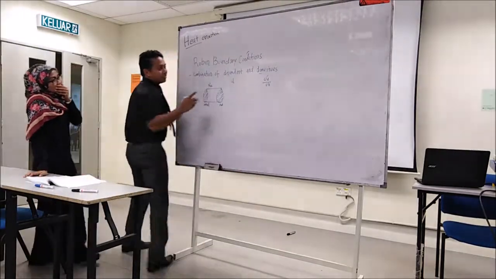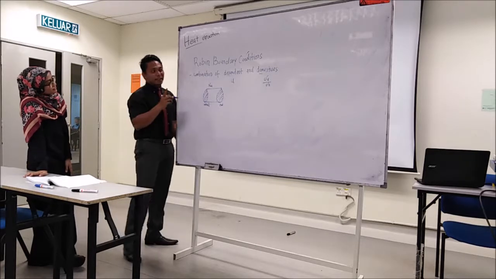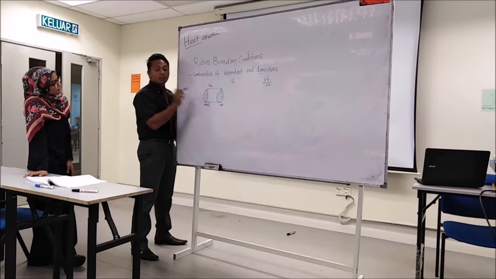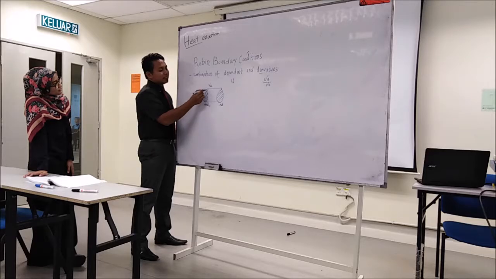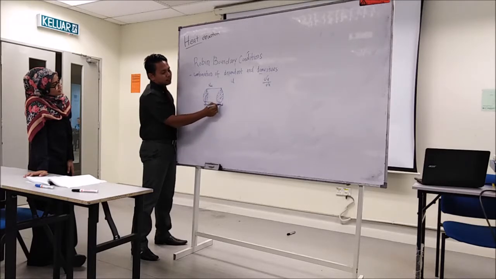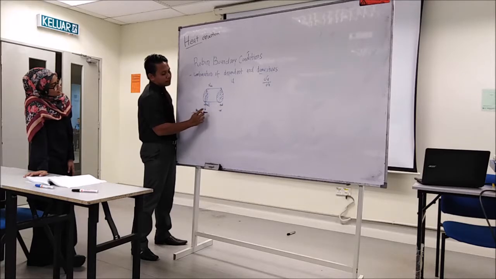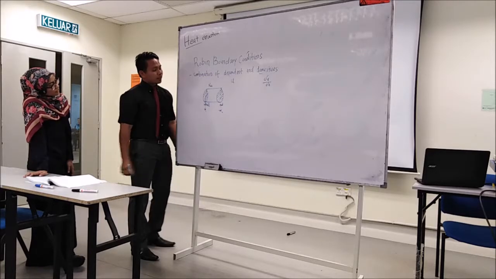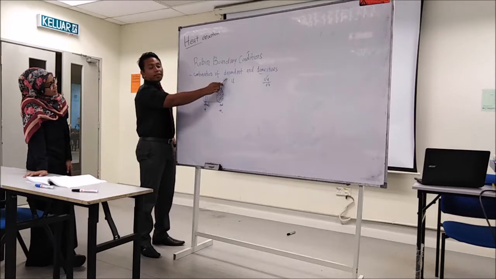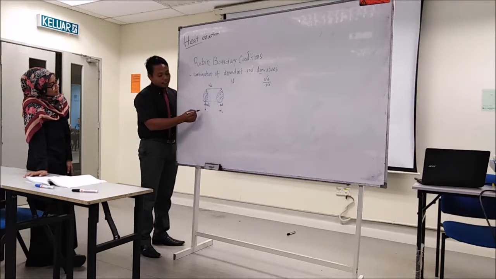So the combination of these two is from the previous one. For example, let's say this is x0, this is x1, this is x2. The dependent variable is temperature. It means that the temperature at this point is known.